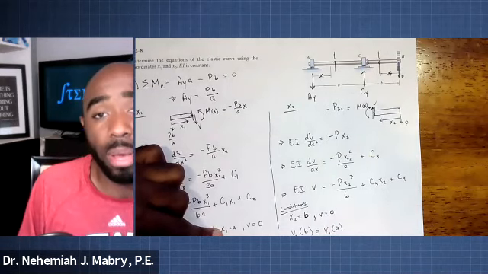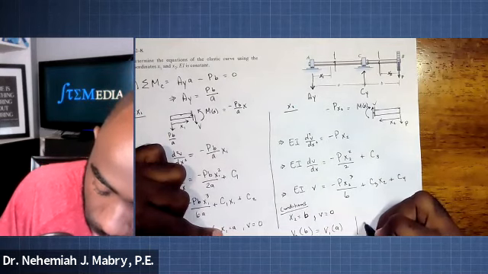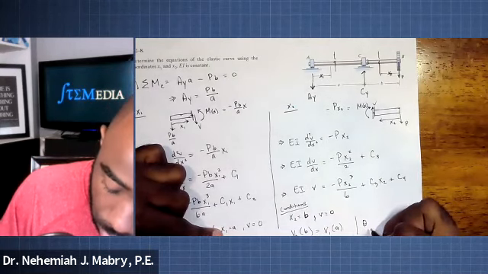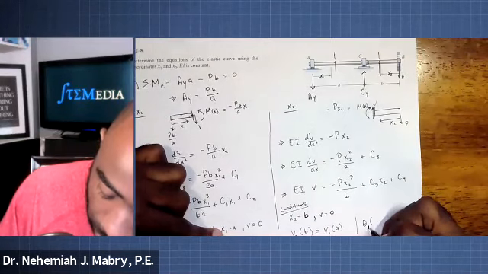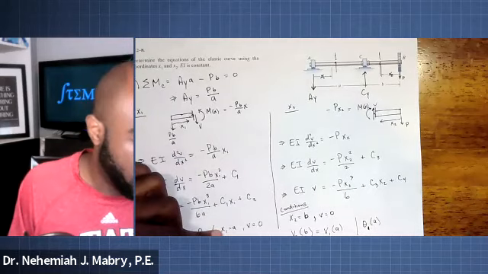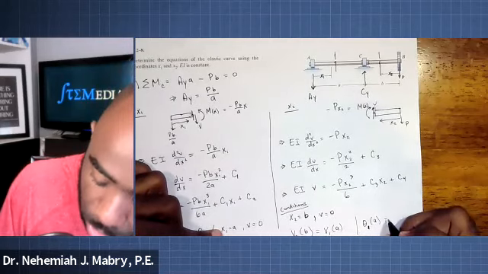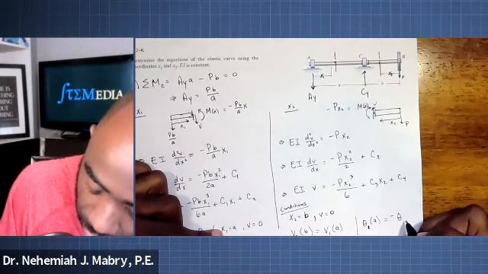Not only can we say that about the deflection, we can also say that about the slope. But here's something I want you all to pay attention to with the slope. All right, theta 1 at x1 equal to a. When it comes to the slope, it is actually equal to the opposite value of that slope.